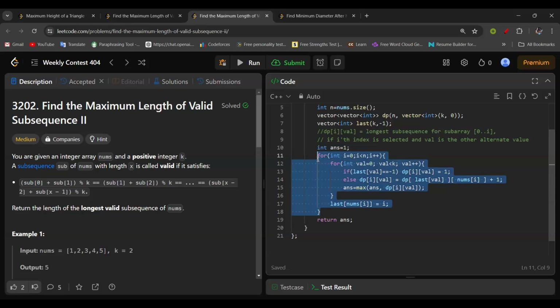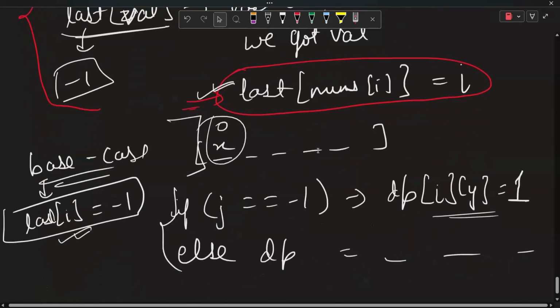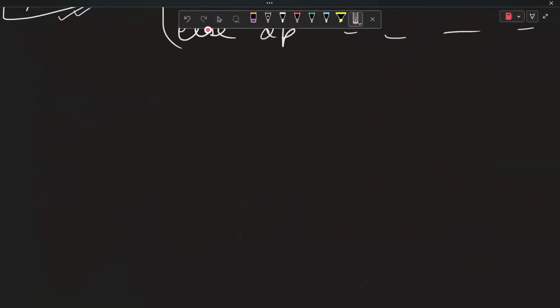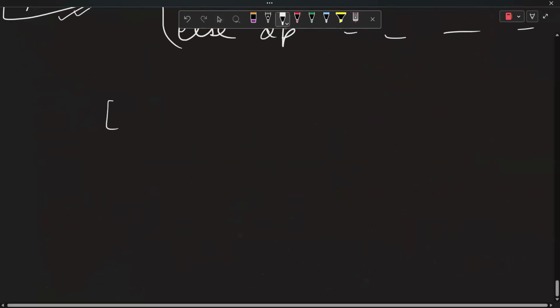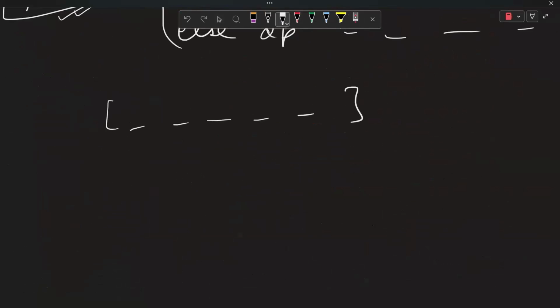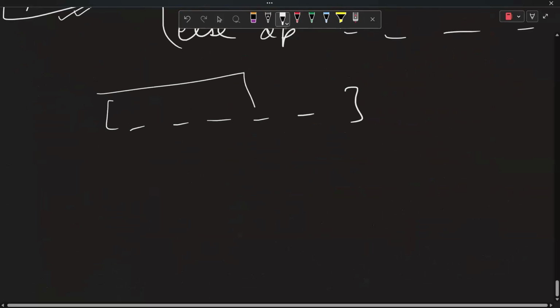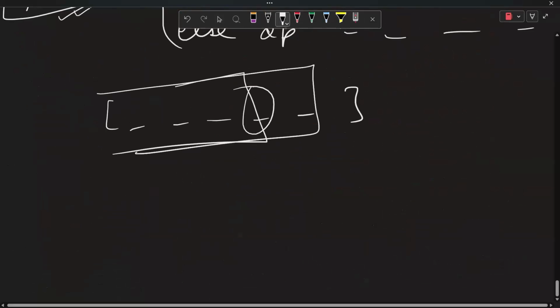Now, what is my final answer going to be? Okay, so if we have this array and my dp state is showing, for this subarray, if we pick the ith index, and for that also I'm going over all the values.